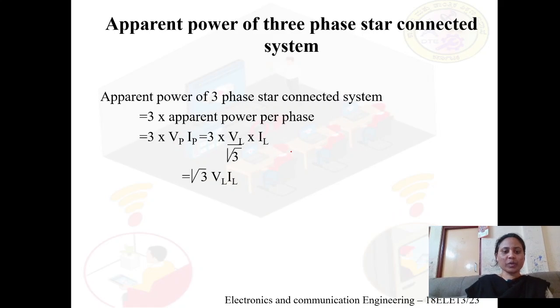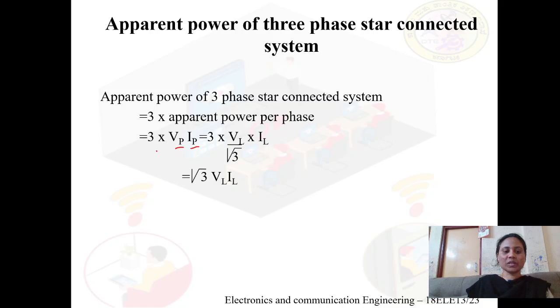And the apparent power of the three-phase system is nothing but 3 times the apparent power per phase. Apparent power is nothing but the product of the RMS value of voltage and the RMS value of current. Here we will take the voltage in each phase. Therefore, voltage in each phase is Vp and current is Ip.